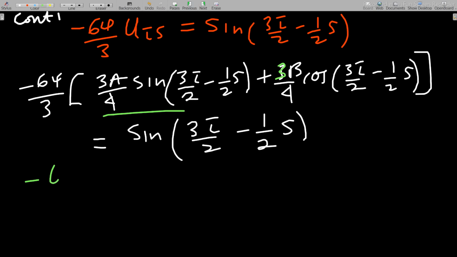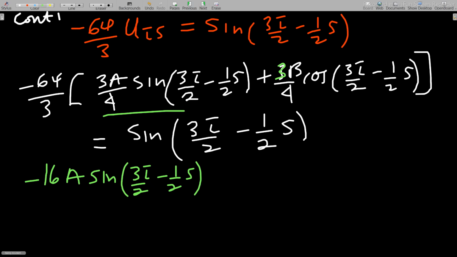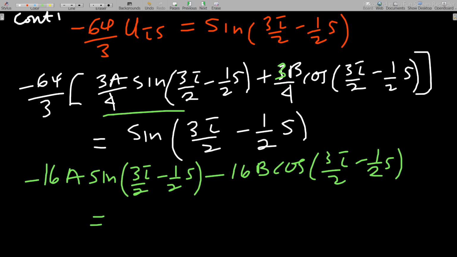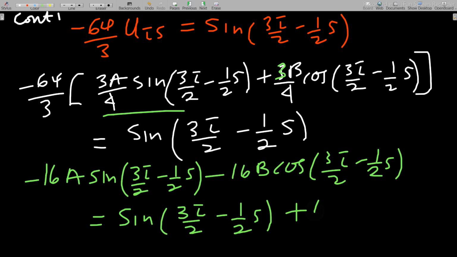So you have negative 16a sine of 3 tau over 2 minus 1 over 2s, minus 16b cos of 3 tau over 2 minus 1 over 2s, and this should be equal to sine of 3 tau over 2 minus 1 over 2s, plus 0 of cos of 3 tau over 2 minus 1 over 2s.